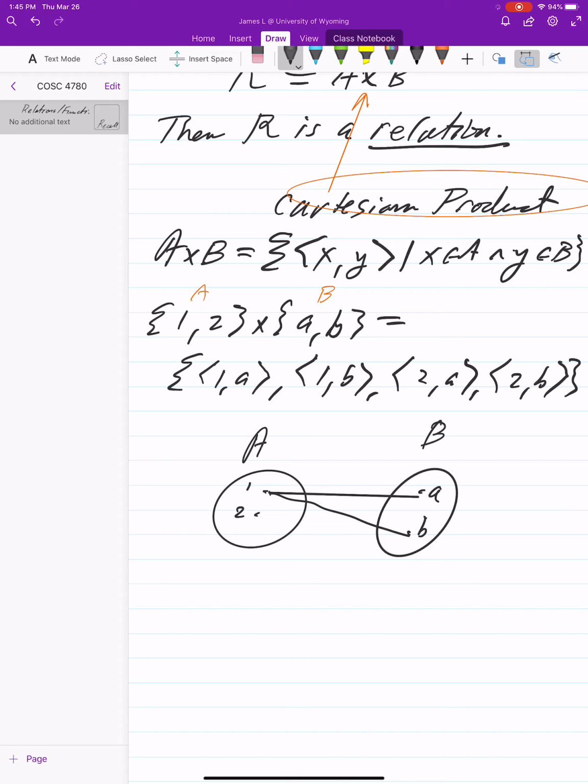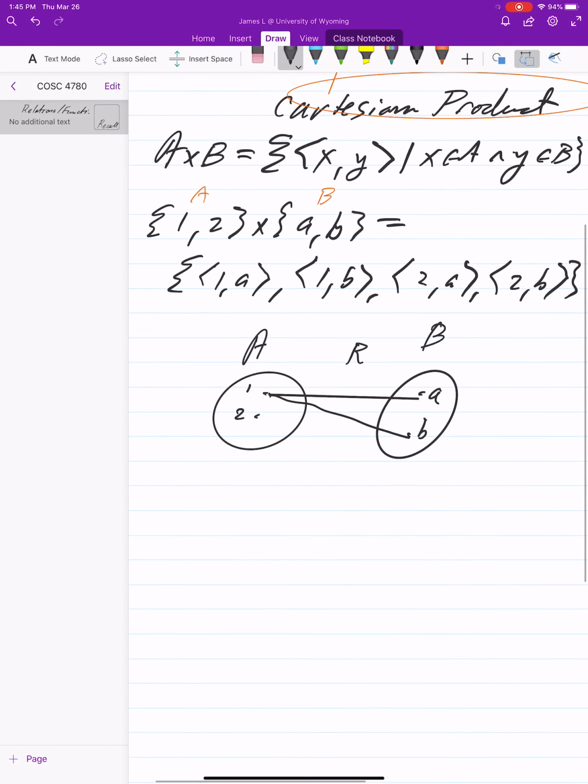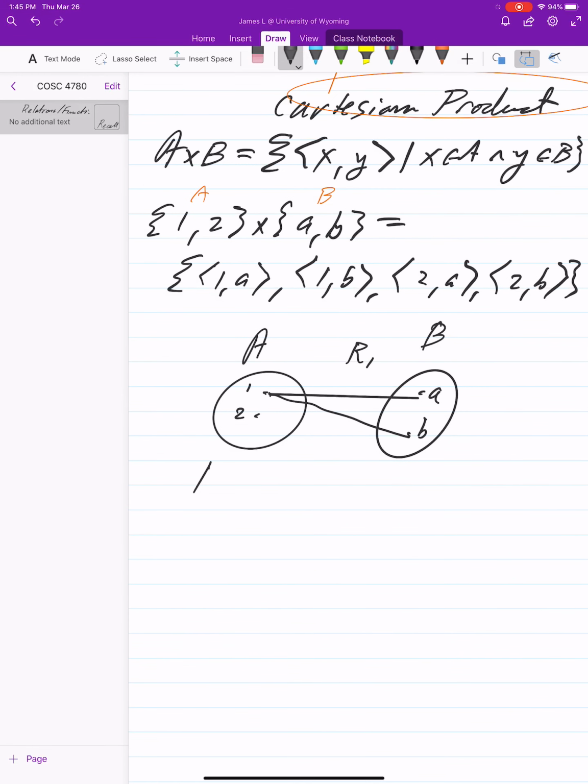If I call this R1, then R1 is the set of pairs 1A, 1B.